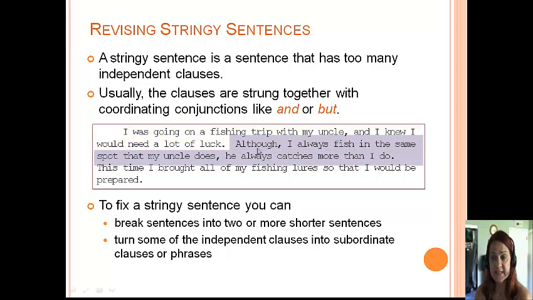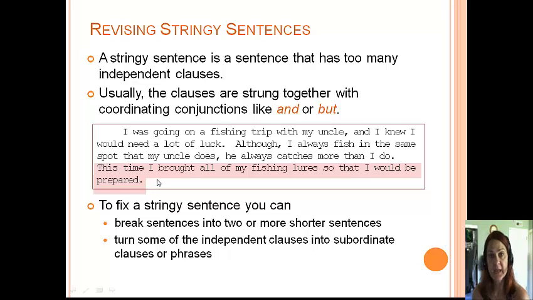The second sentence, we have a subordinate clause that is dependent on our independent clause here, and then the last one is just a simple sentence. Okay, so we have broken that 1 into 3. So this is another way to improve your style, is to revise stringy sentences.